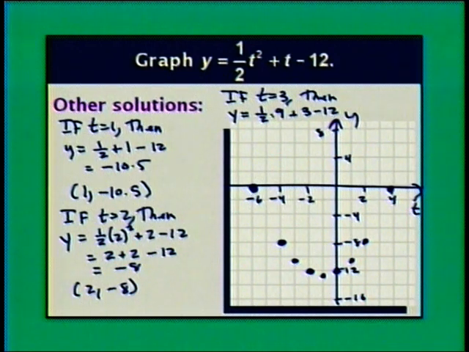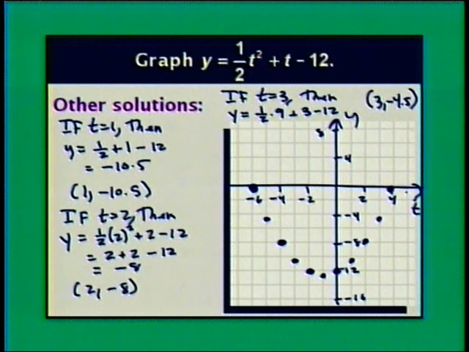That will be negative 4.5. So I'm going to have the ordered pair 3, negative 4.5. Kind of messy. But using symmetry, I easily get another point. I am 1, 2, 3, 4 units away from the axis of symmetry. So going 4 units to the left, I get another point.